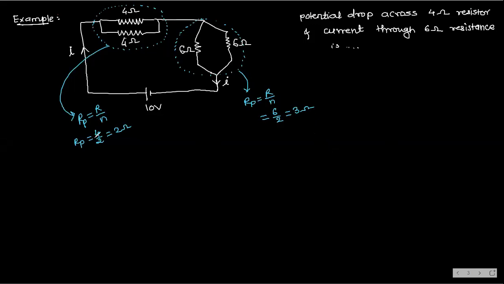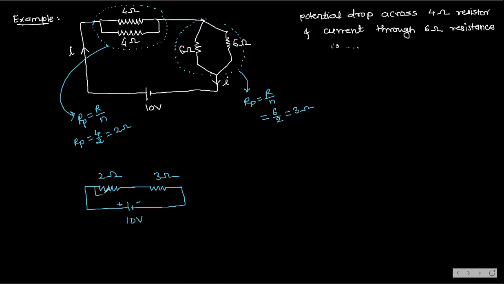Right. Now what I am doing, I am redrawing the circuit. So this is 2 ohm and here I am getting 3 ohm. This is the battery, positive and negative, and this is 10 volt.